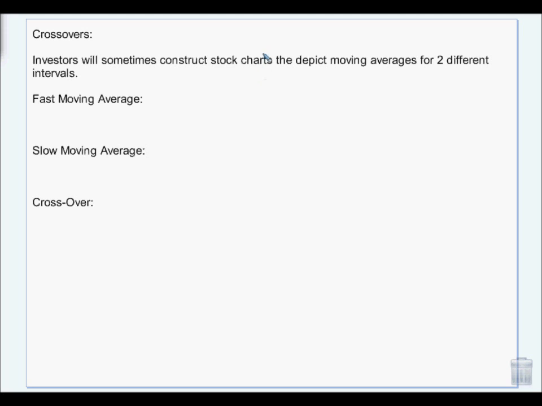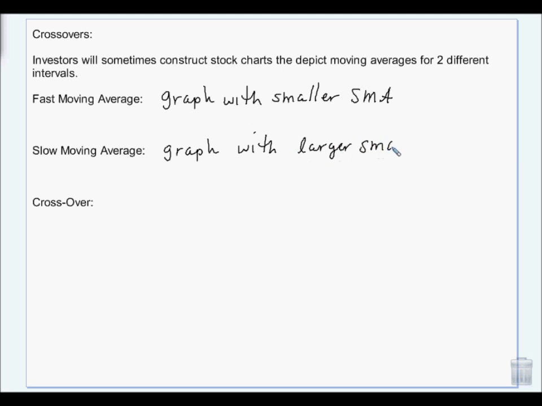So your fast moving average is the one with the smaller SMA, and your slow moving average has the larger SMA, or the larger time interval.